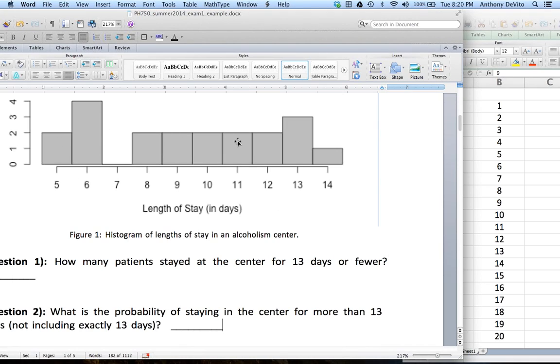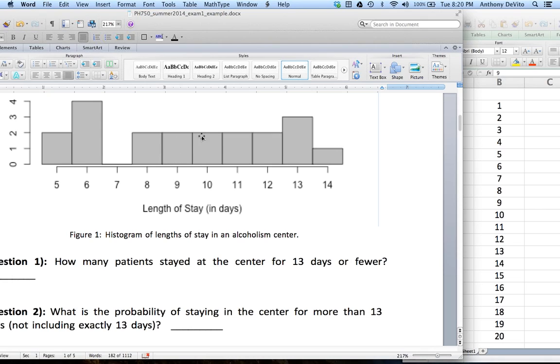If I do it here, I know there's 20 people, so I'm looking for the 10th, right? Two stayed for 5 days. Four stayed for six, so I'm up to 10 people. Two more stayed for 8 days. That's up to eight. Two more stayed for 9 days. I'm up to 10. So now I know I got 10 people that are 9 or below, and I got 10 people that are 10 or above, right?